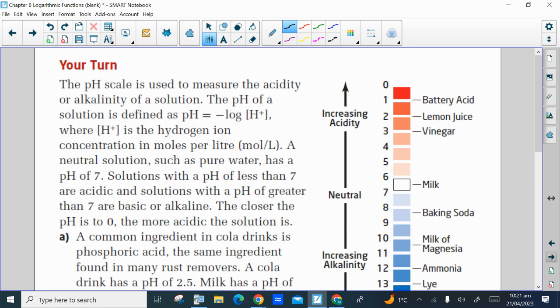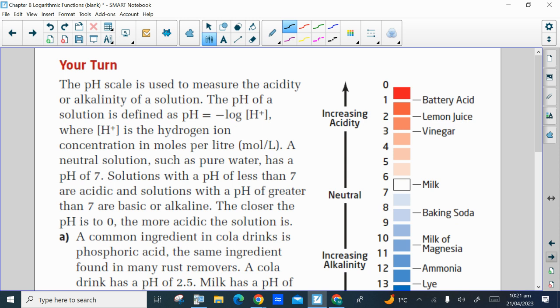So on the next page, the pH scale is used to measure the acidity or alkalinity of a solution. The pH of a solution is defined, again, by a logarithmic equation. pH is negative log H positive, where H positive is the hydrogen ion concentration in moles per liter. A neutral solution, such as pure water, has a pH of 7.